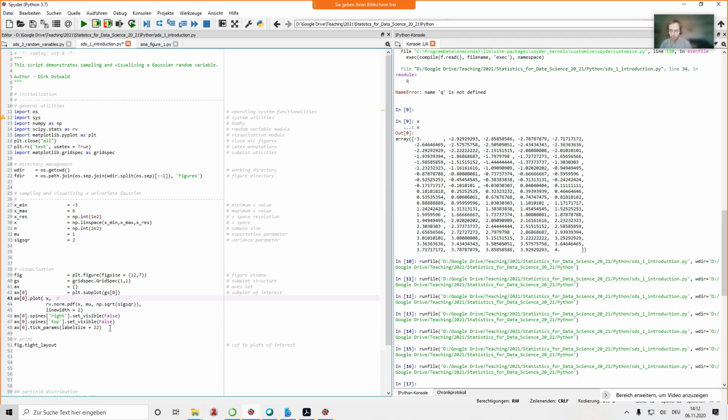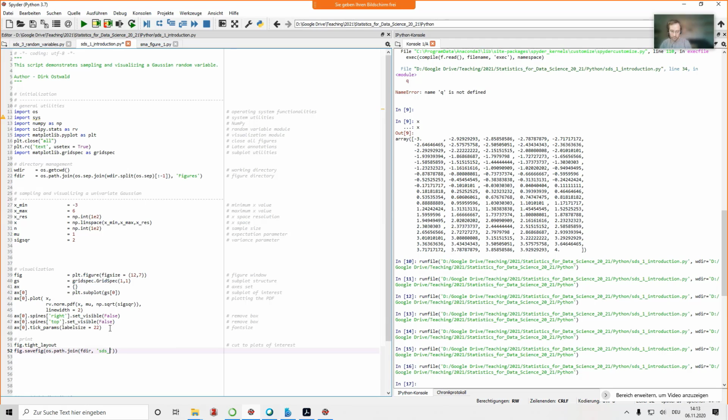This is here plotting the PDF, and this is removing the box, or part of the box obviously, and this is font size, and then it's fairly easy to save that using fig.savefig, and using this path you can then nicely join your figure directory with your figure name.